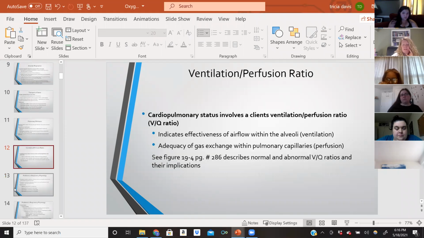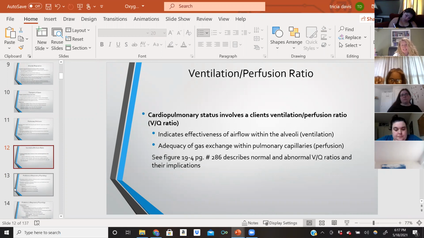So in patients that have respiratory issues, you might hear the doctors ordering certain tests. They might order a ventilation perfusion scan. You might hear them talking about a ventilation perfusion ratio. This test is an indicator of cardiopulmonary status, and we call it a VQ ratio.